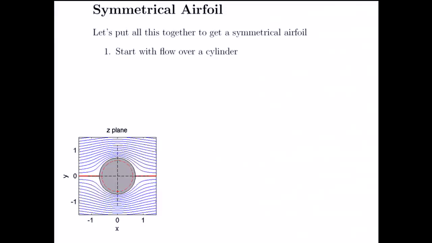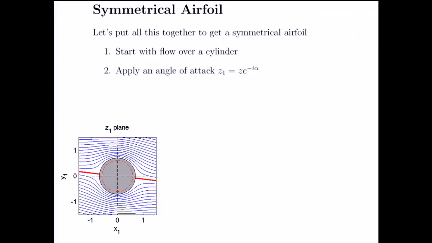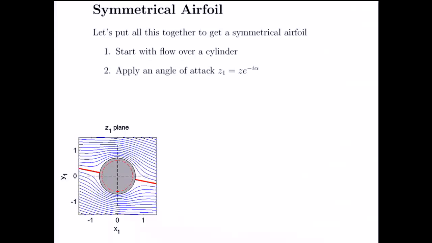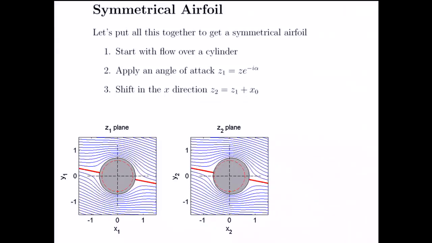Okay, so let's put everything together to have a look at how to simulate a flow around a symmetrical airfoil. We start with the flow field around the cylinder, and we apply the angle of attack, which is just to rotate the flow field by the angle alpha, and then apply the shift to create the trailing edge of the airfoil, to force the cylinder to touch the Joukowsky circle at the critical point.